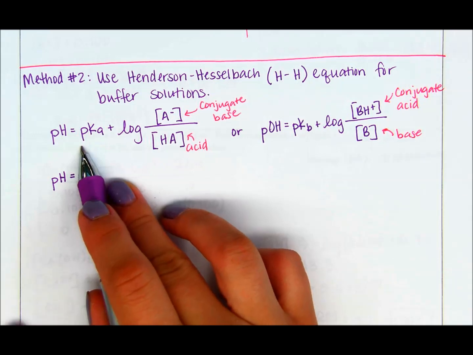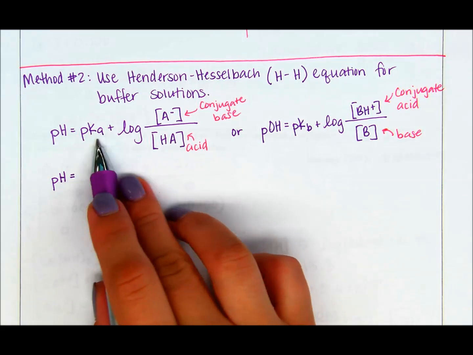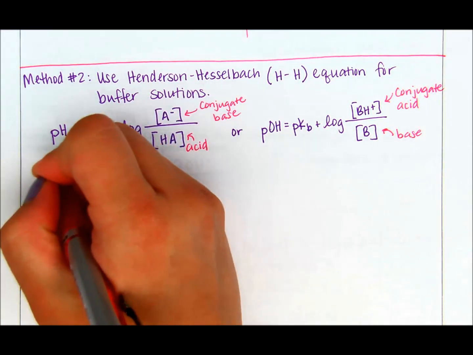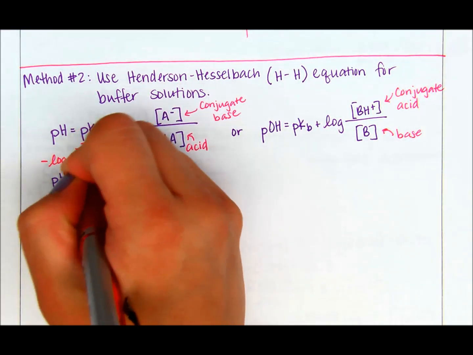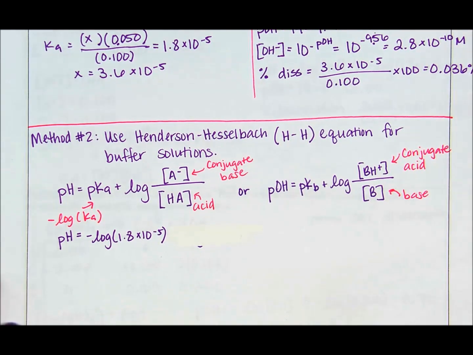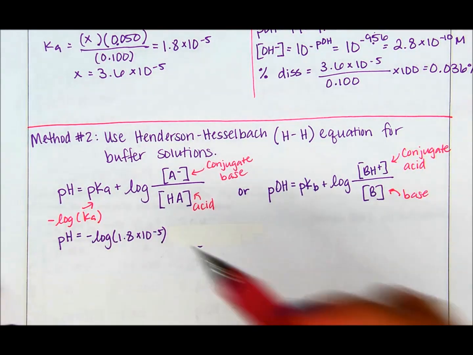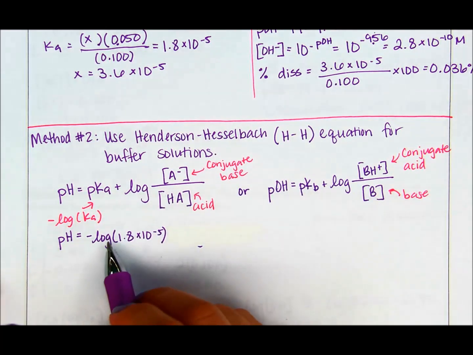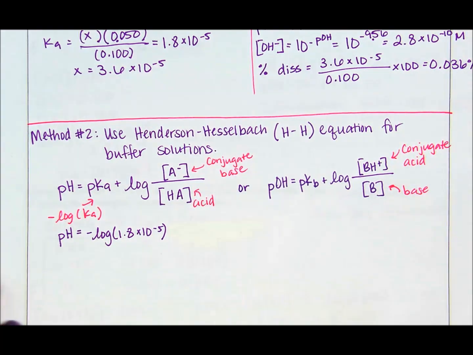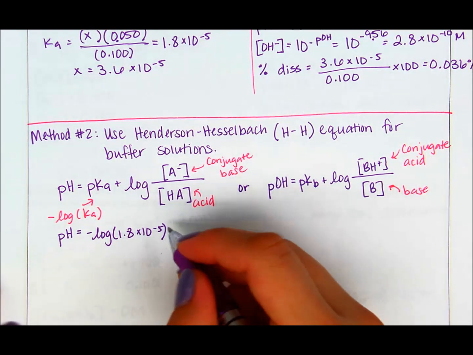So all you have to do is take the negative log of the Ka. So pKa is negative log of the Ka. Just writing that out, I had negative log of 1.8 times 10 to the negative 5. That, of course, is our Ka from above.